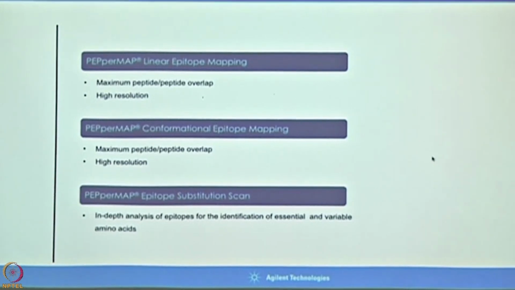This is the key selling product for the Prabha print. So they have 3 different formats. One is linear epitope mapping, conformational epitope mapping, and then substitution. So there are 3 different ways they make a peptide array, right?